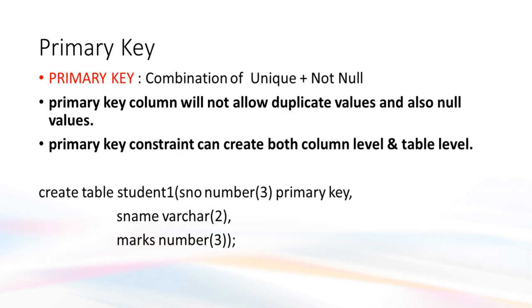See now the example. This is simply a primary key. A primary key is a combination of not null and unique. It will not allow null values and it will not allow duplicate values.